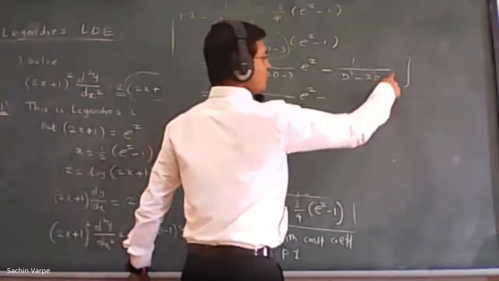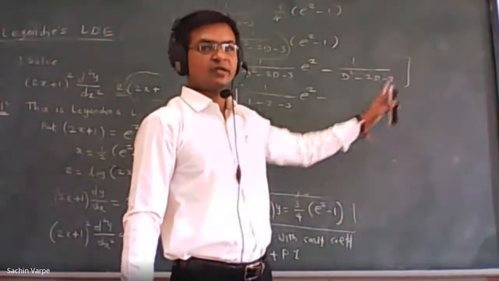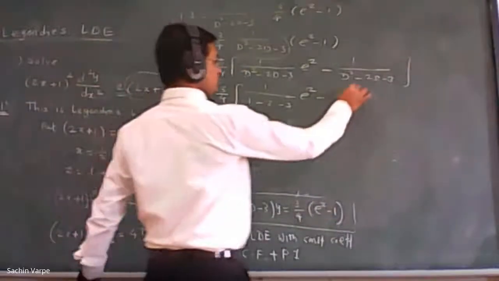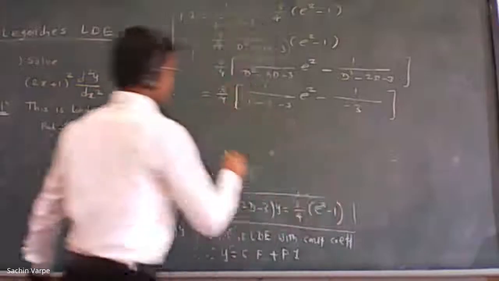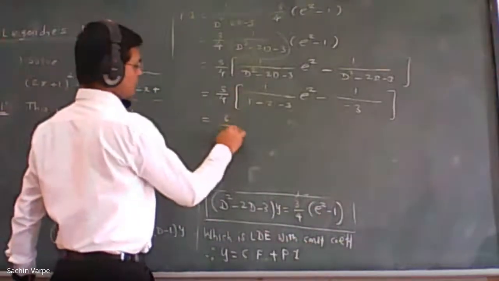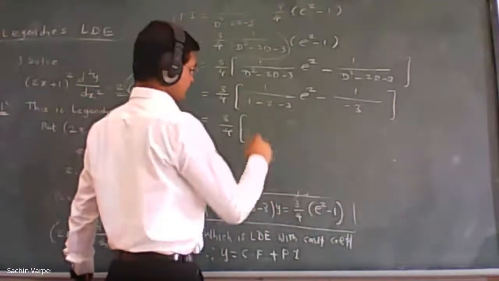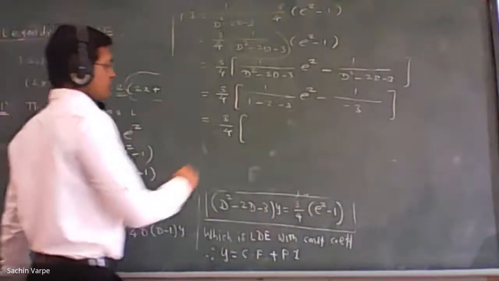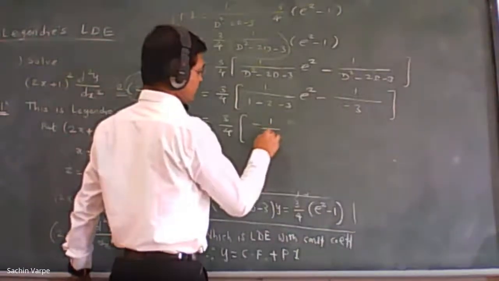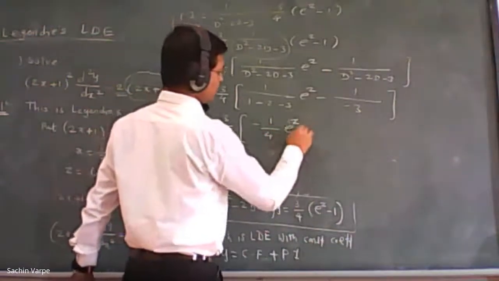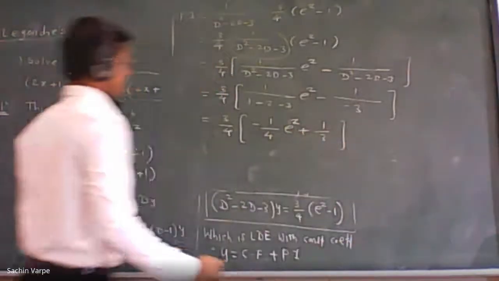Minus here, 1 means constant, and for the constant we are replacing D by 0. So that is 1 upon 0 minus 3. So that is 3 by 4. Here it is 1 minus 5, so that is minus 4. So minus 1 by 4 e raised to z plus 1 by 3. All right.